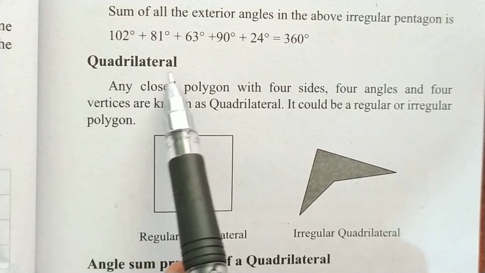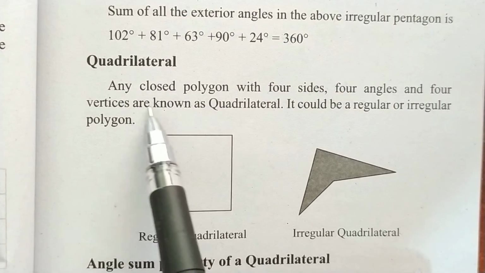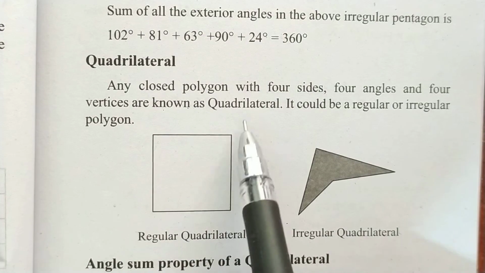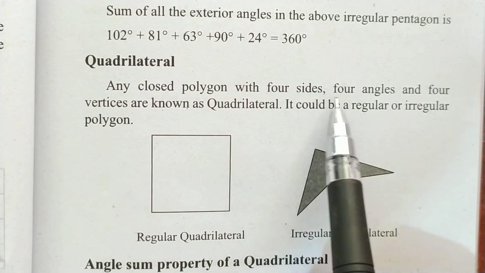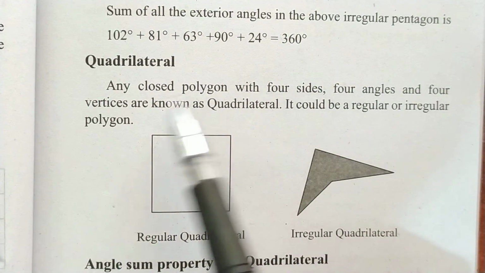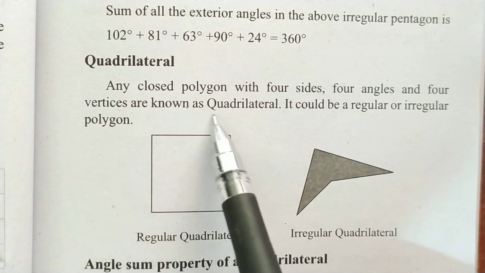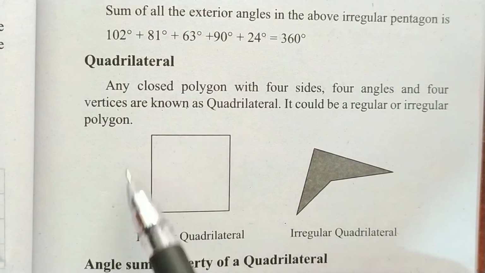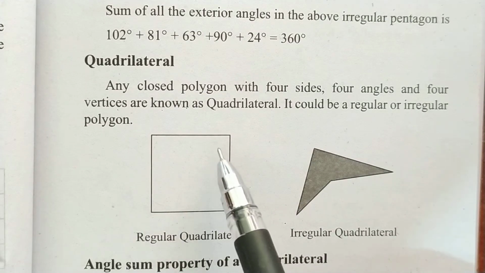Next point, quadrilateral. Any closed polygon with 4 sides, 4 angles and 4 vertices is known as a quadrilateral.